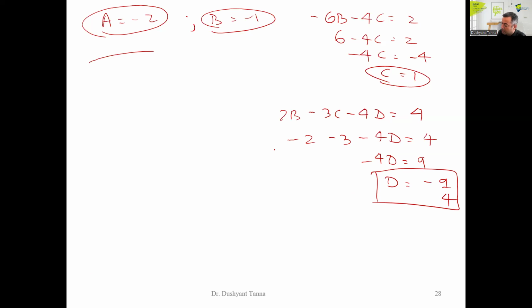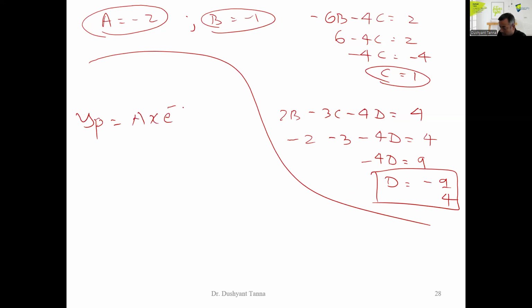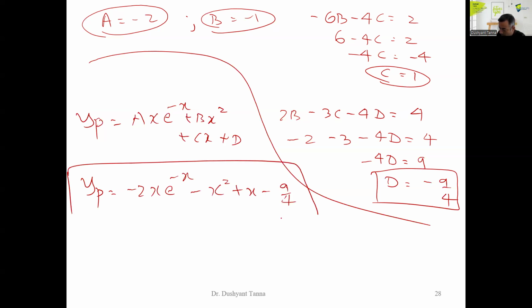So finally, your YP, which is what we have from earlier, ax e raised to minus x, bx squared plus cx plus d, plug in all the values. So YP is minus 2x e power minus x minus x squared plus x minus 9 on 4. That's your YP.